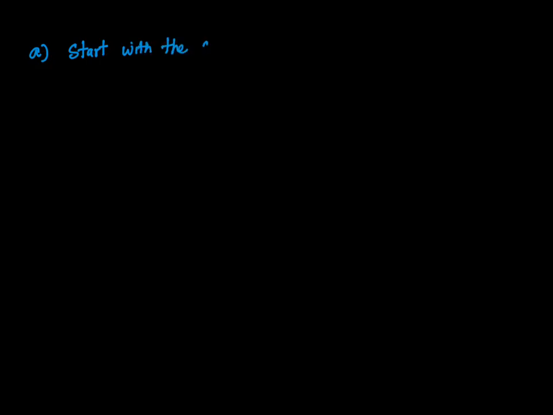So what we do is we start with the basic table, the standard table. Because there are two simple statements, we're going to have 2 raised to the 2, which is 4 rows, right?